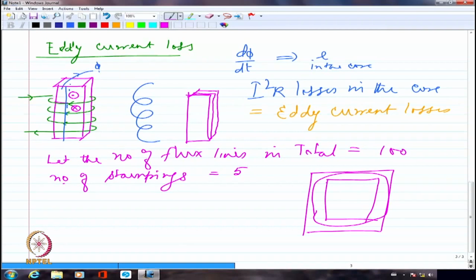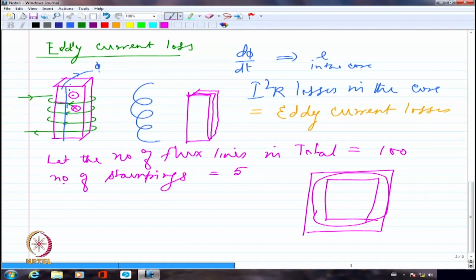So that's the reason why we are essentially dividing the number of flux lines, confining to every lamination. That will be 1/n of the total number of flux lines if I have n such laminations. So obviously the voltage induced in each of the laminations will be 1/5 of the overall voltage induced. It would have been induced if there had not been a laminated core, if it had been a solid core.